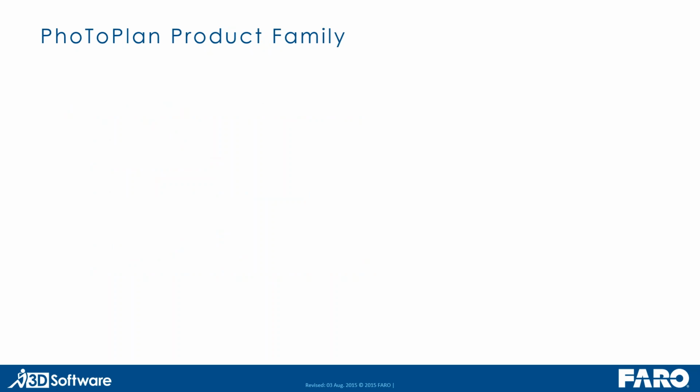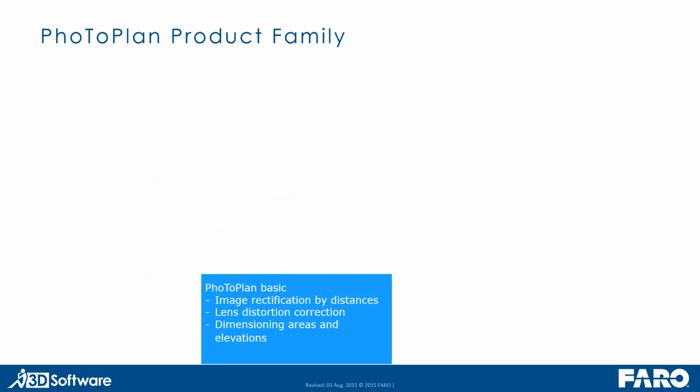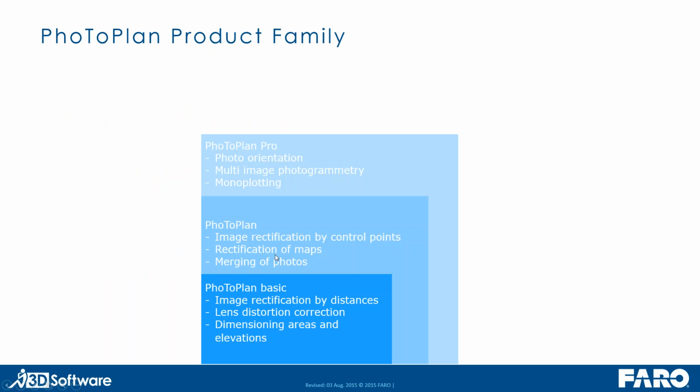So let me summarize. The PhotoPlan product family consists of 4 modules. The smallest one is PhotoPlan Basic. Then we have PhotoPlan with image rectification, rectification of maps, merging of photographs, and each box contains the smaller box.